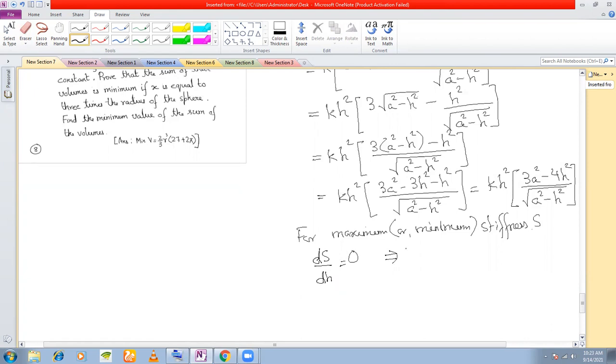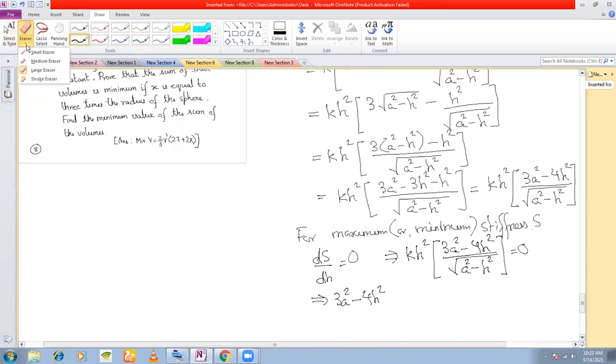So that means k h square into 3a square minus 4h square divided by root over of a square minus h square is equal to 0. That means 3a square minus 4h square, that means the numerator must be 0, isn't it?